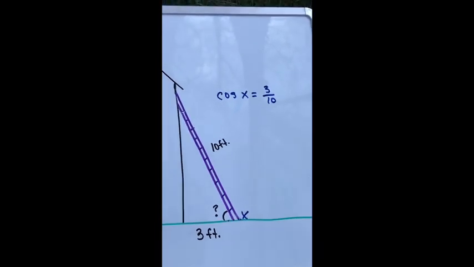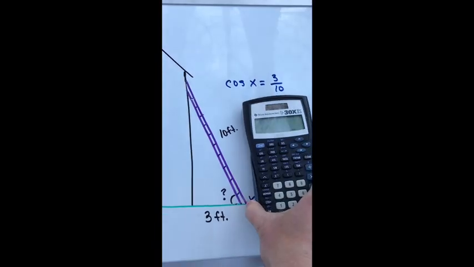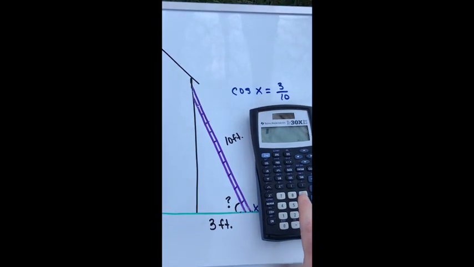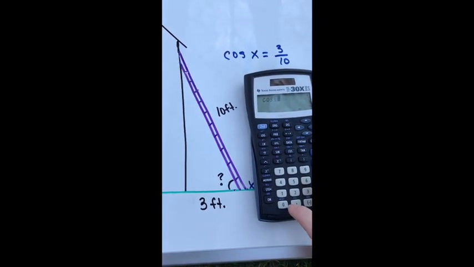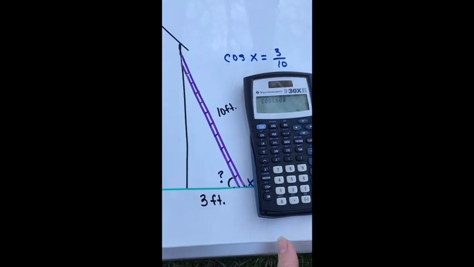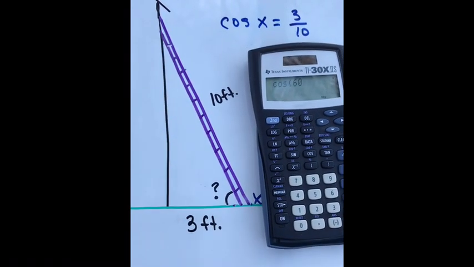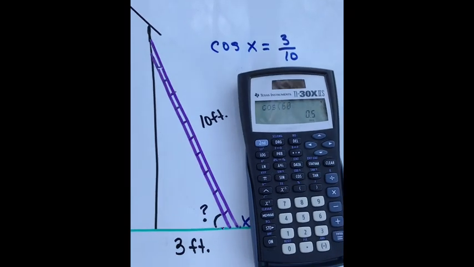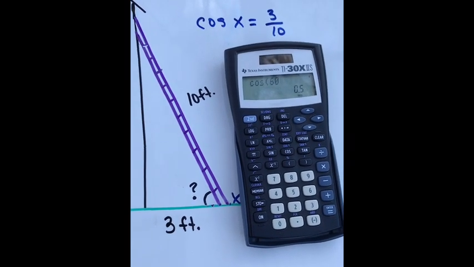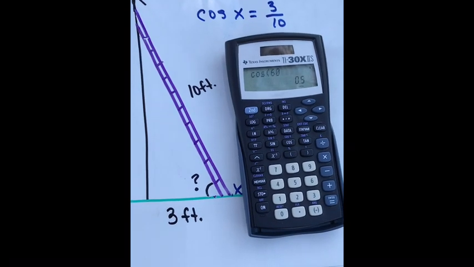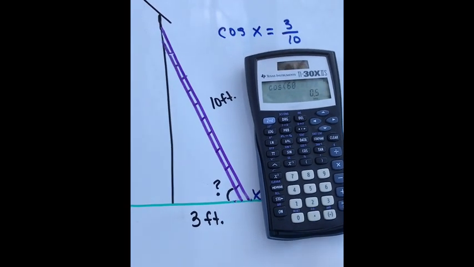Okay, so I don't know. I could try things out. Let's just guess 60. The cosine of 60 is 0.5, but we need 0.3. So does that mean we need to go down?